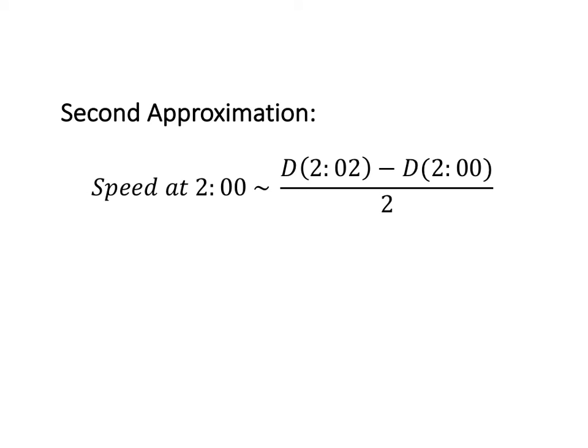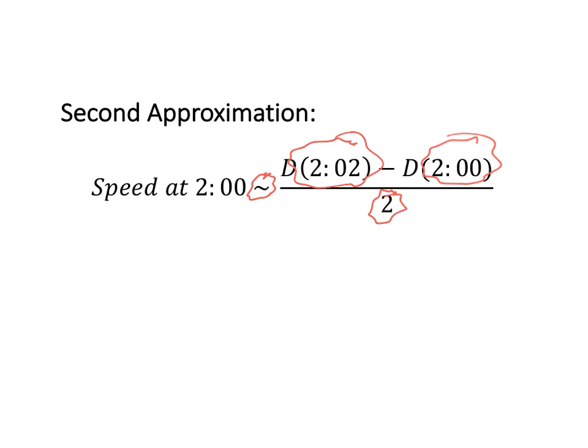That approximation probably isn't as accurate as we'd want. So let's make the time interval even smaller. Let's say the distance between 2:02 and 2 o'clock, so that instead of a 5-minute interval, we're talking about a 2-minute interval. The speed at 2 o'clock is approximately equal to the difference in distance between 2:02 and 2 o'clock divided by 2.